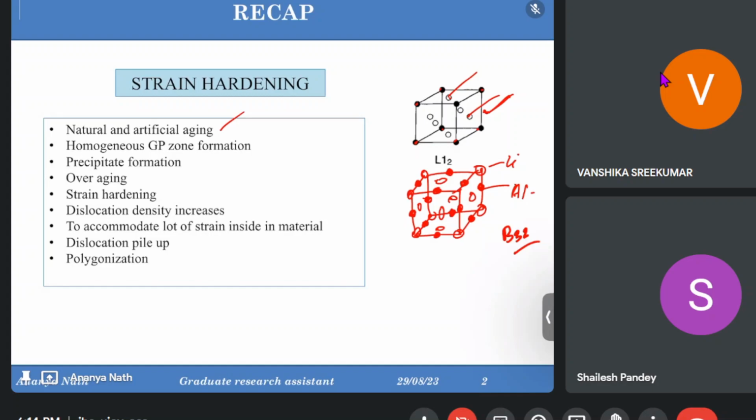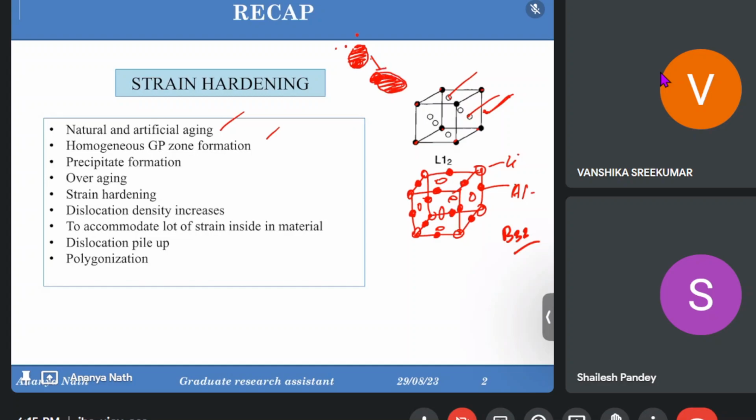Then, as I said, homogeneous GP zone formation was very important for us. The precipitates were formed at the last stage, but even after that, if we continue the aging, we'll have an over-aged material. The precipitates were sitting like this, but after over-aging, the adjacent precipitates get attached, and the size of the precipitates continues growing.